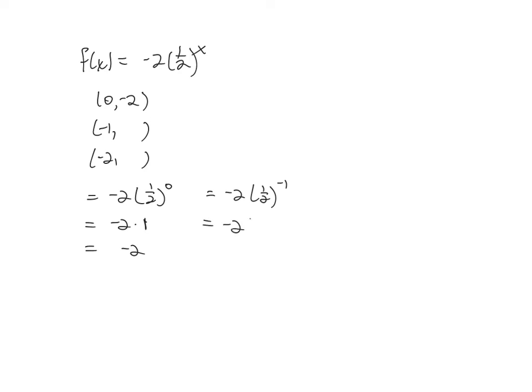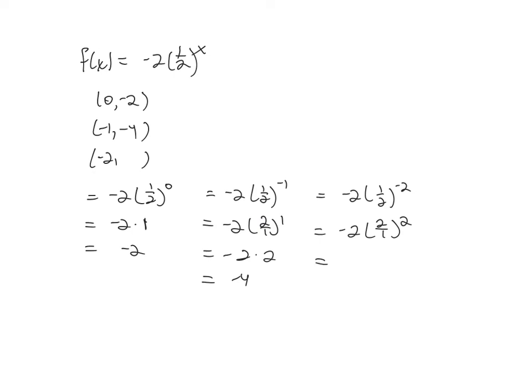We do the same thing, it just means flip it over. -2 times 2 is -4. One more time, flip it over, make the exponent positive. 2 to the second power is 4, and we get -8. So really, with that negative sign in the front, you get -2, -4, -8, the same numbers, just negative.